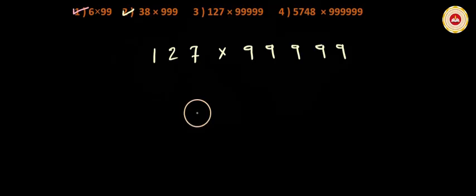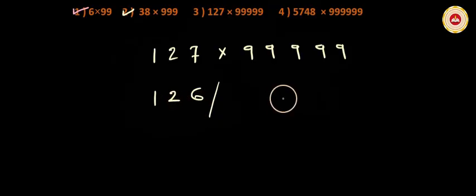We will calculate answer in two parts, left part and right part. What is left part? Ekanyunen of given multiplicand is left part. 127 minus 1 is equal to 126. 126 is left part. Draw a slash to separate left part and right part.